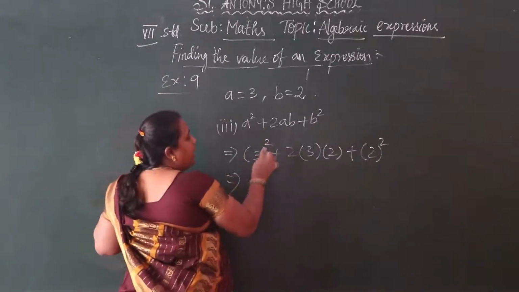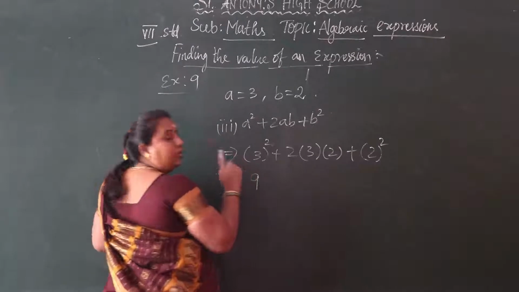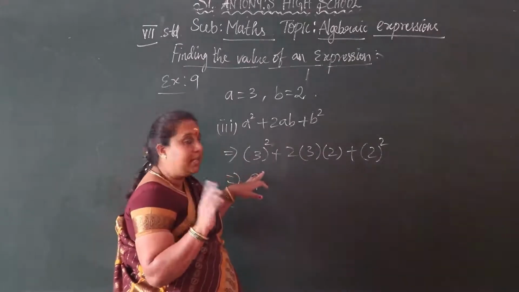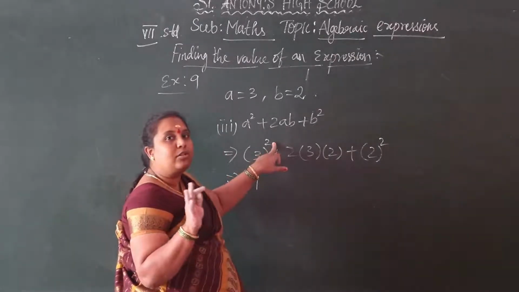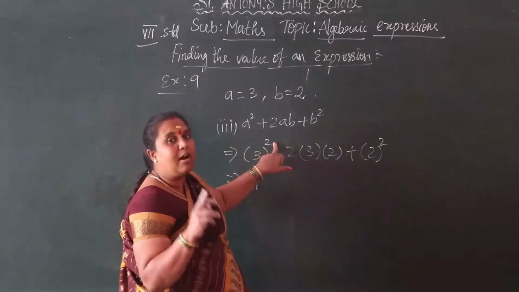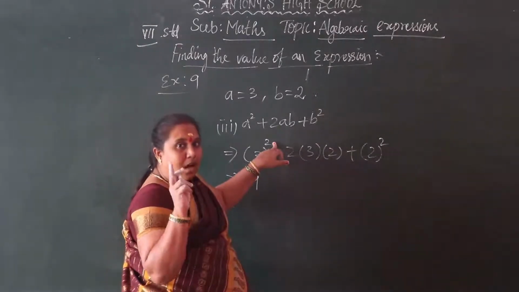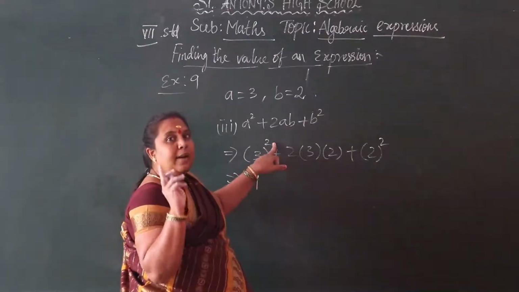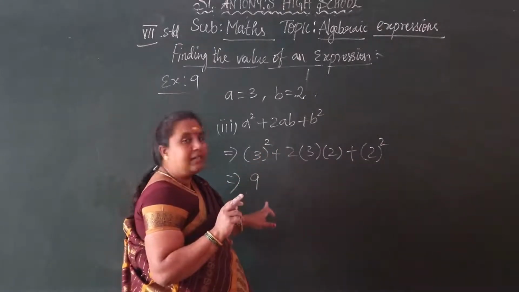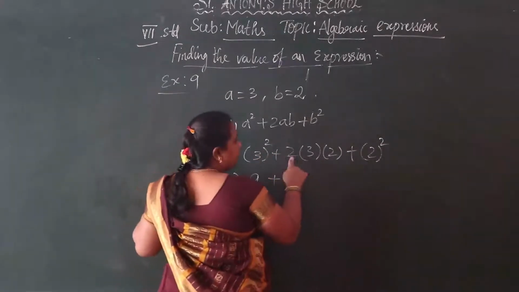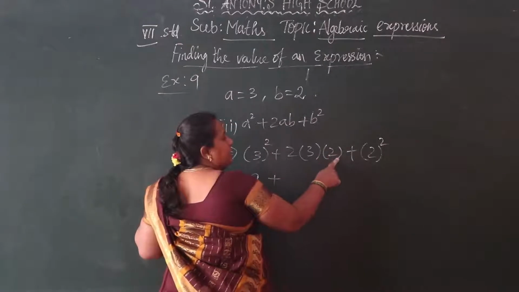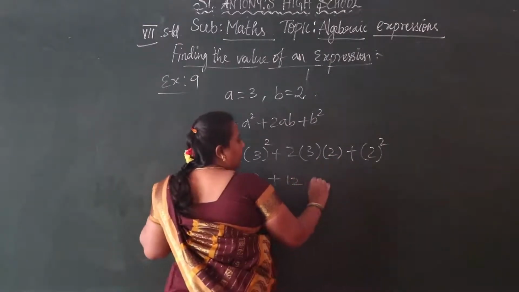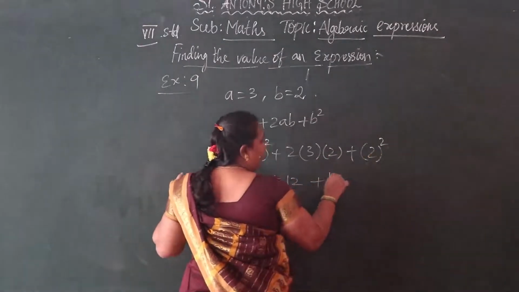So 3 square, 3 3s are 9. Don't multiply 3 2s are 6, it is totally wrong. The exponent or power shows how many times you have to multiply the base number. So 3 3s are 9 plus 2 3s are 6, 6 2s are 12 plus 2 2s are 4.